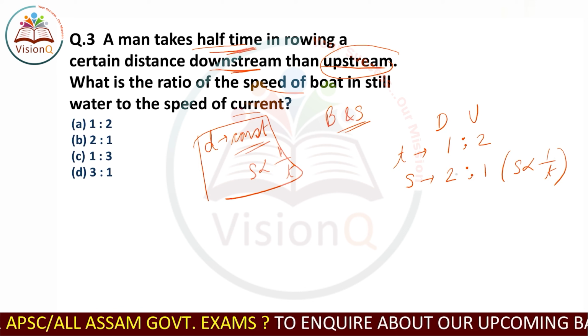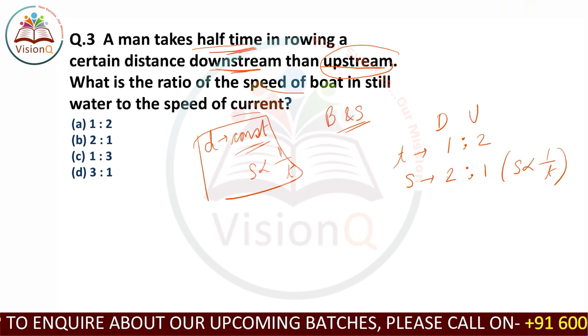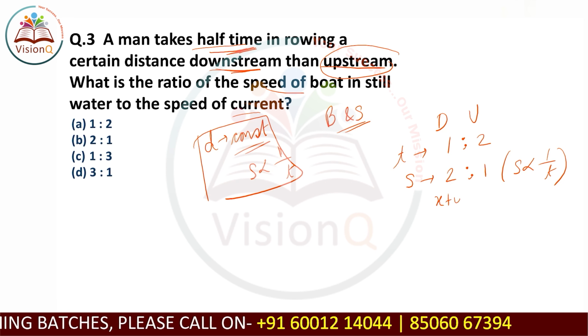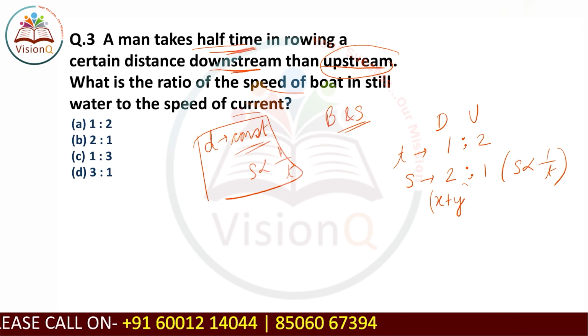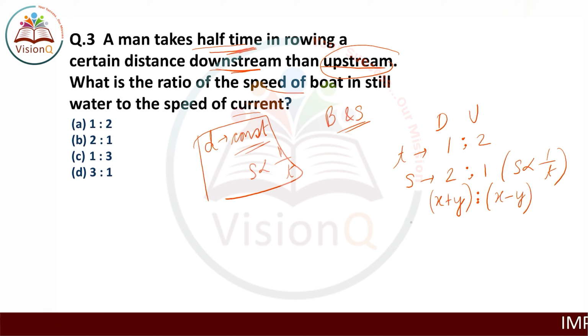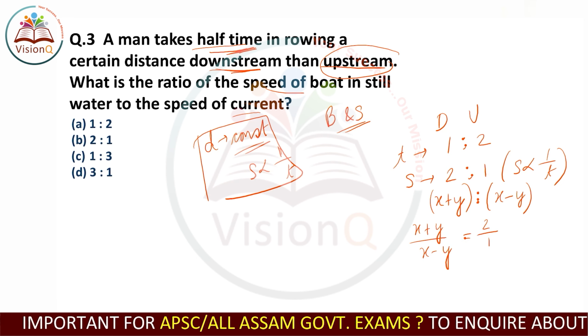Now this is the ratio of speed, downstream speed and upstream speed. The downstream speed is speed of boat x plus speed of stream y. The upstream speed is speed of boat x minus speed of stream y. Now this ratio is equal to 2:1. So x plus y is to x minus y is 2:1.